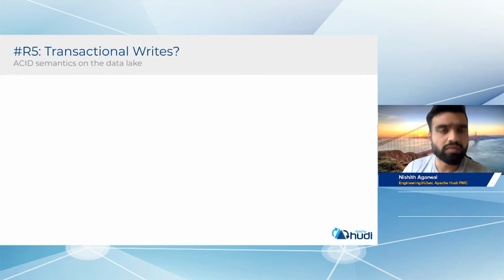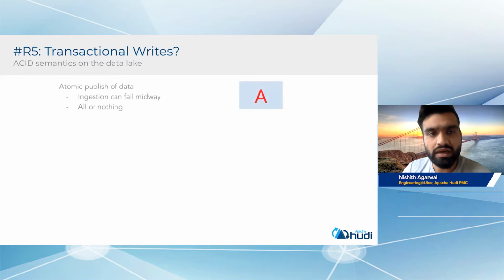The next one of the most important ones is providing ACID semantics on a data lake. So let's understand, what does ACID semantic even mean on a data lake? A stands for atomicity, which means that if an ingestion is running, it can fail midway. So either I provide everything that I wrote as part of that ingestion, or I provide nothing.